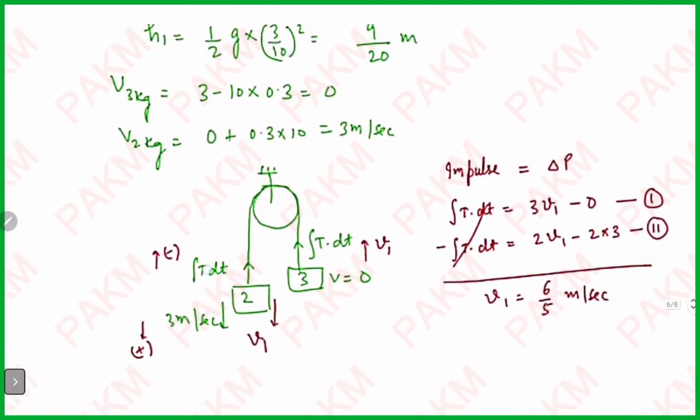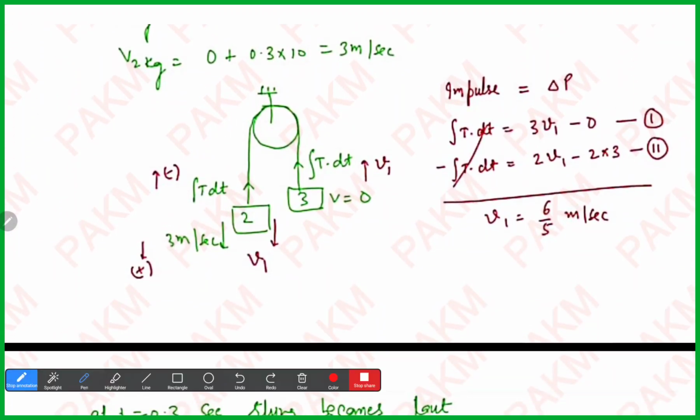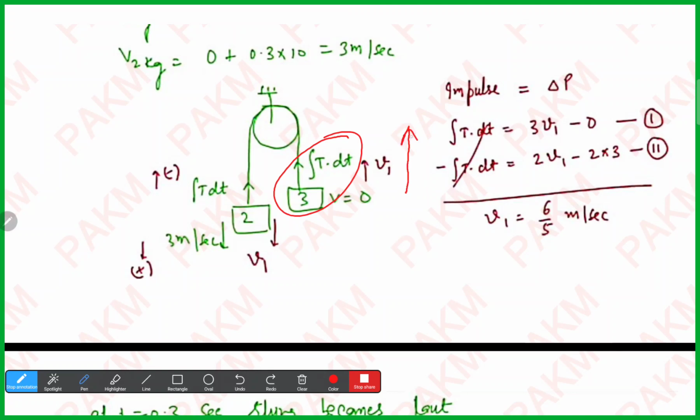Now here we can say, for the impulse acting on the 3 kg, let's say the motion direction we consider plus, and against the motion we consider with minus sign. So this is the motion direction. That's why T dt, that is impulse, is equal to change of momentum.